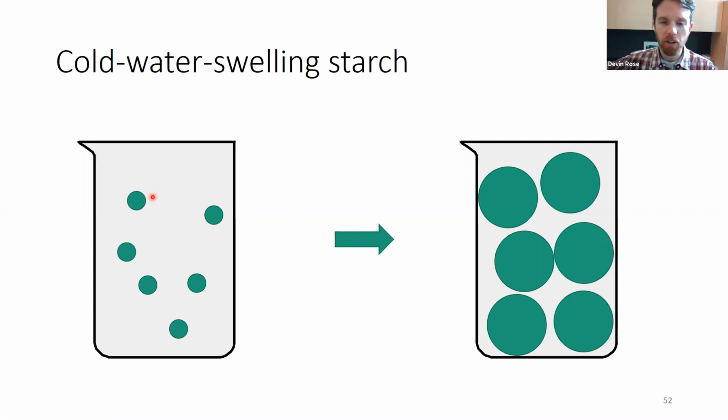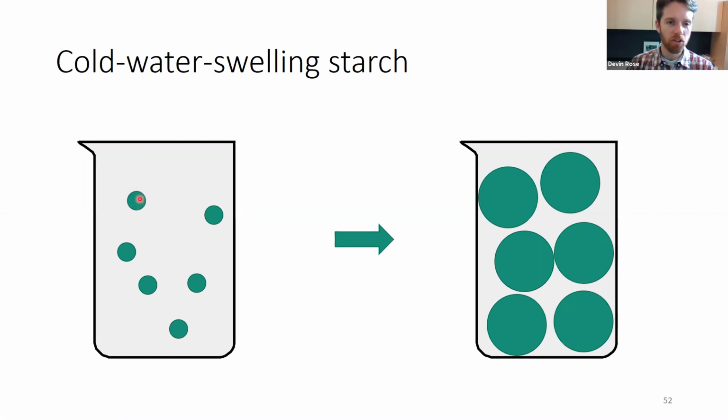Once you have cooled that and removed the ethanol, that starch has some strange functionality. These starch granules are still granular; they haven't been cooked because we heated it without the presence of water.